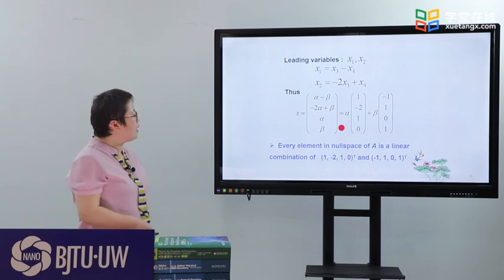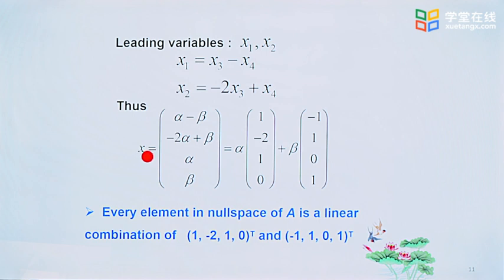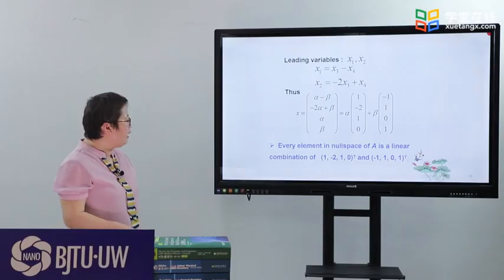So you can write an arbitrary solution of this homogeneous linear system in this form, and divide it into a sum of two vectors. Those relating to alpha give the vector (1, minus 2, 1, 0), so alpha times this vector, plus beta times the vector (minus 1, 1, 0, 1).